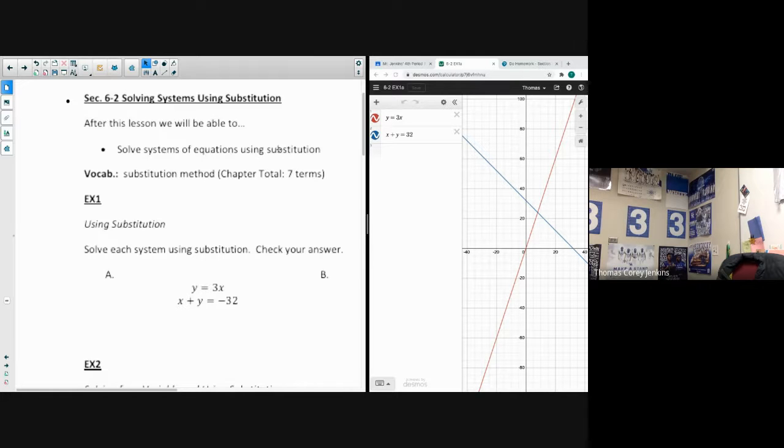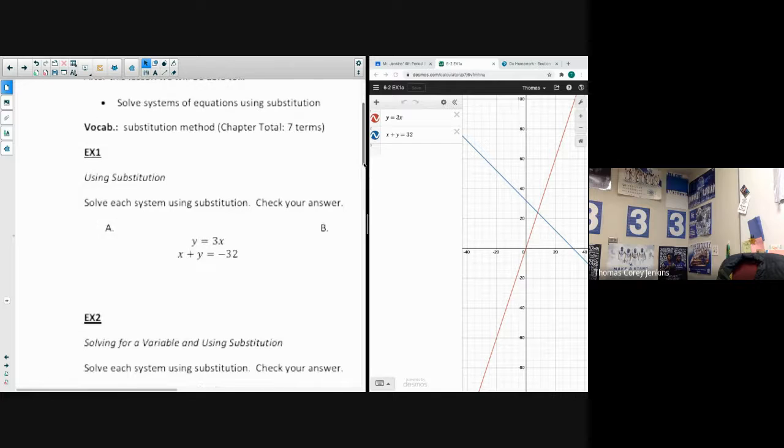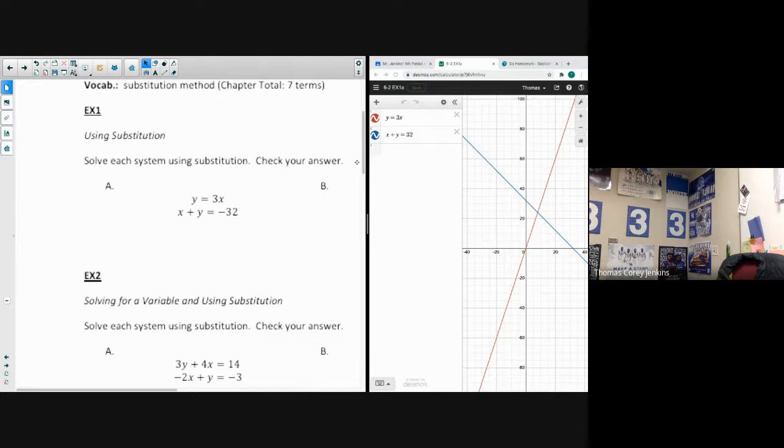All right, so let's go ahead and look at 1A. Solve each system using substitution. It says check your answer. This is the part where I'm going to save you some work by showing you Desmos. If you haven't watched the video from Friday, I suggest you watch that for how to use Desmos.com.